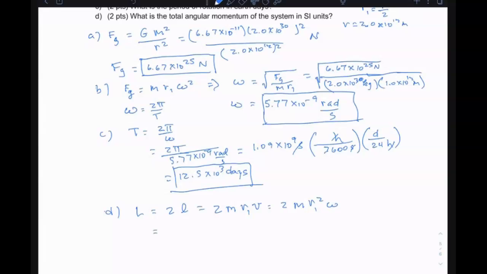So let's put in the numbers. This is 2 times the mass, which is 2.0 times 10 to the 30 kilograms, times r1, which is 1.0 times 10 to the 12 meters, and that's squared, times omega, which is 5.77 times 10 to the minus 9 radians per second.